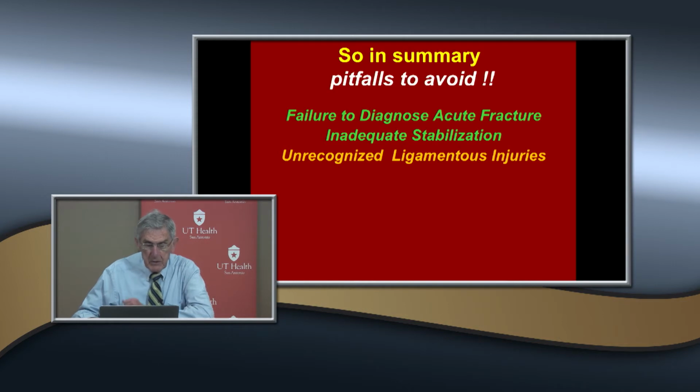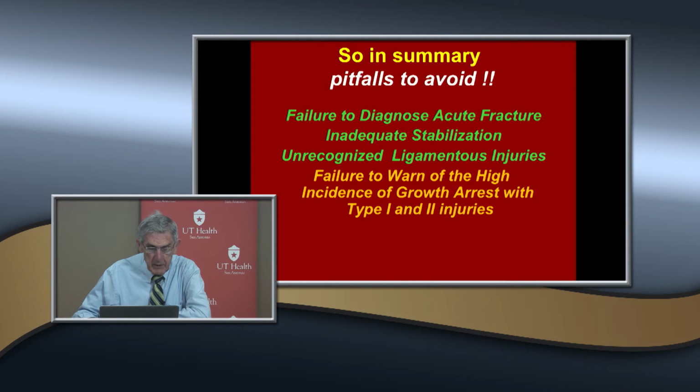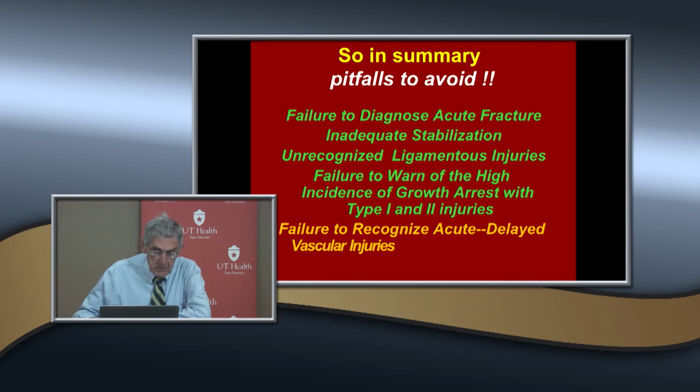Some of them have unrecognized ligamentous injuries, and you need to be aware of that. And again, the most important thing is that you need to tell the parents ahead of time that their child is at growth risk, even if it's a type 1 or 2 injury. You also need to watch them very closely because you can get acute delayed vascular injuries.